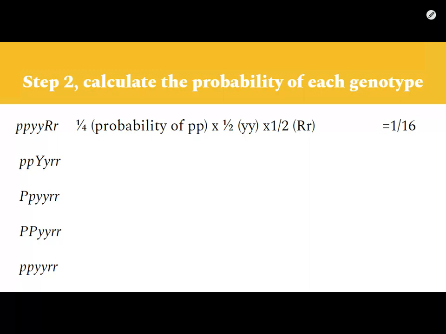I could have just left the Punnett square there. So we have big P, little p, big P, little p, big Y, little y, little y, little y, and big R, little r, little r, little r. These were our crosses, correct? Okay.